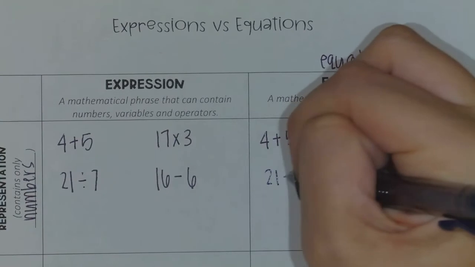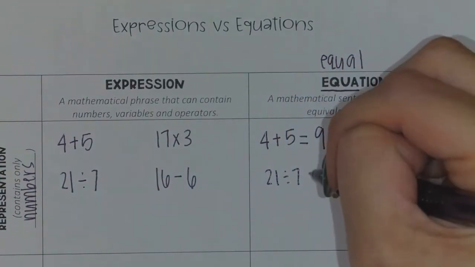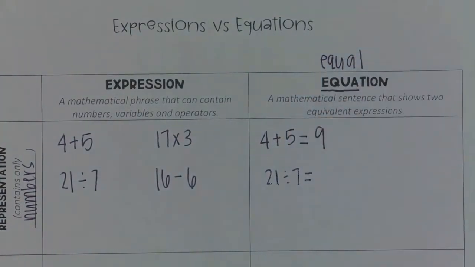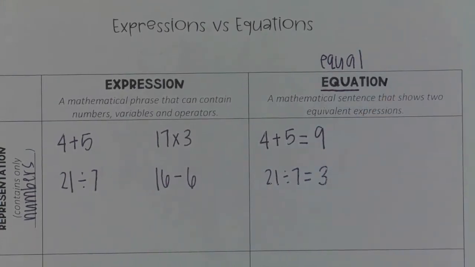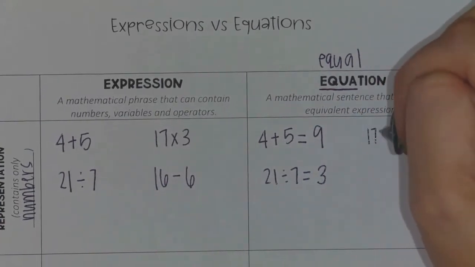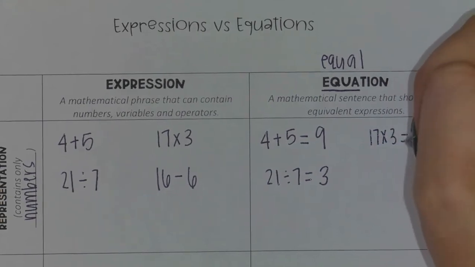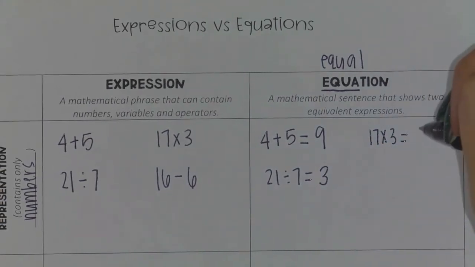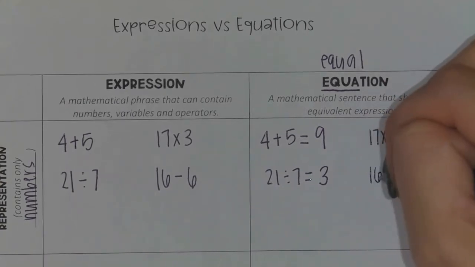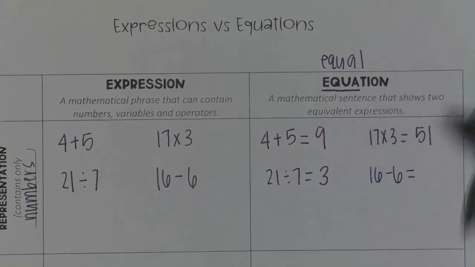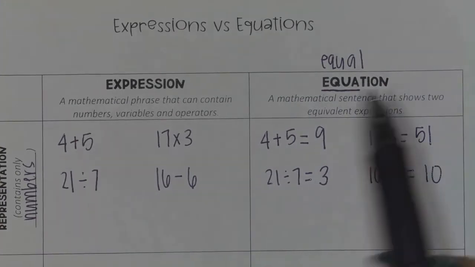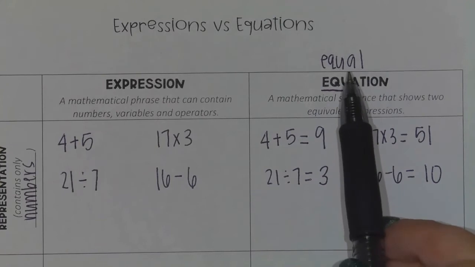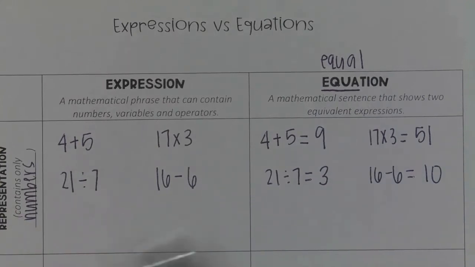So 21 divided by 7, that expression needs an equal sign to make it an equation and what it's equivalent to, which would be 3. 17 times 3 needs an equal sign and what it is equivalent to, which would be 51. And then 16 minus 6 needs an equal sign and what it is equivalent to, which is 10. Okay, so again, equations have equal signs, expressions do not.